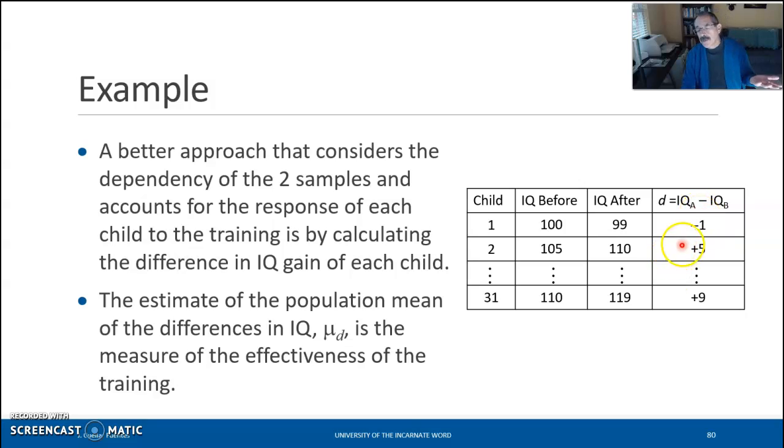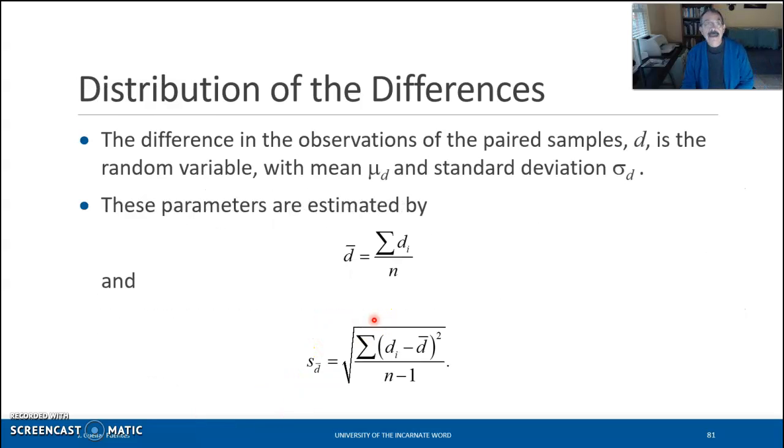So what we do then is make inferences about the population mean of the differences of the two observations for each subject, and we're going to call that mu sub D. With that in mind, we have a new variable, and we're going to call it D for the difference of the two observations of each member in the population. The mean of those differences we're going to call mu sub D, and the standard deviation of the population of differences we're going to call sigma sub D.